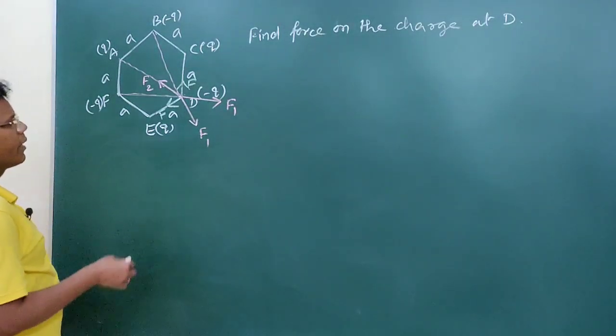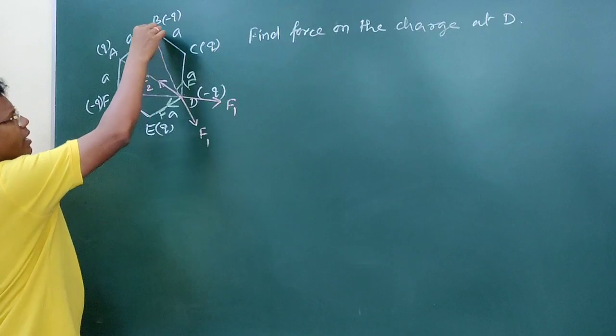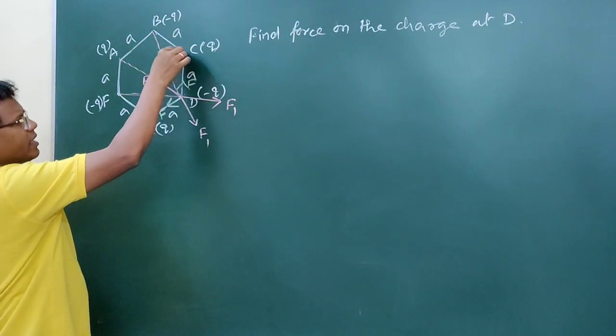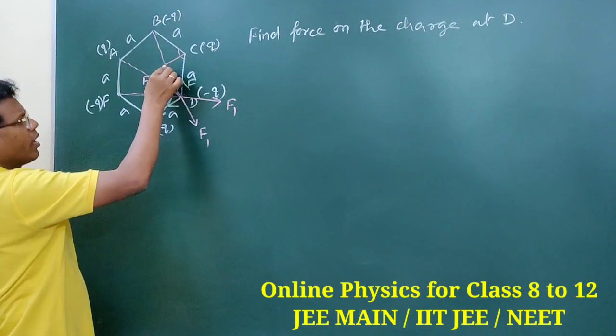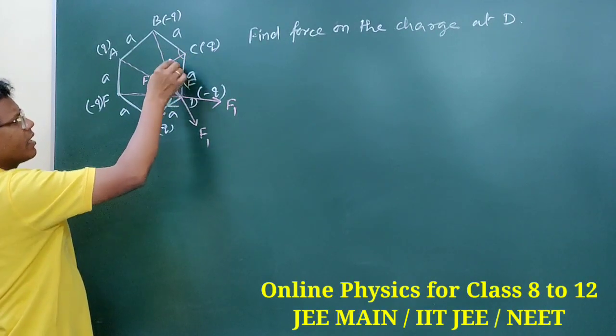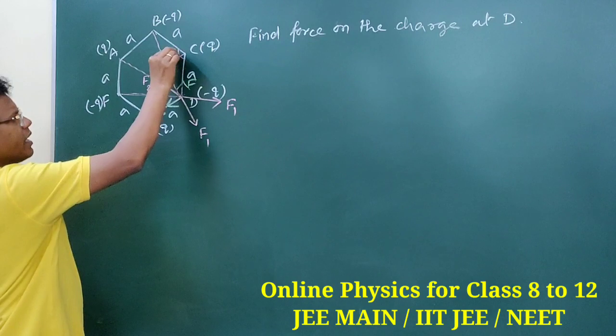So now see, geometrically, if this side is A and this angle is 120, obviously if I drop a perpendicular here, it will bisect this and each angle will be 60 degrees.